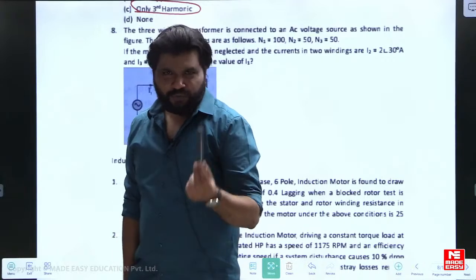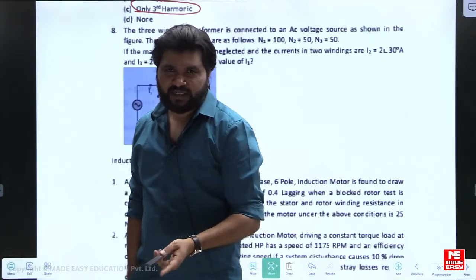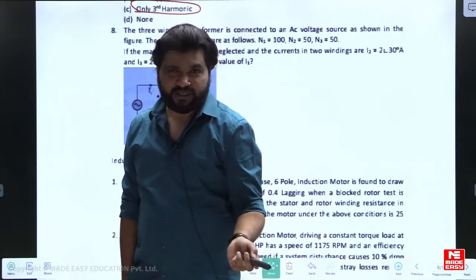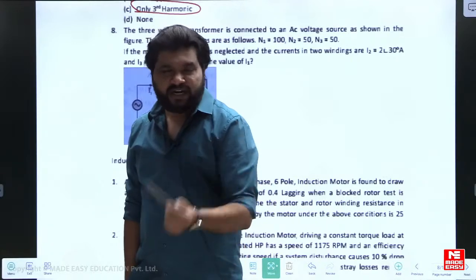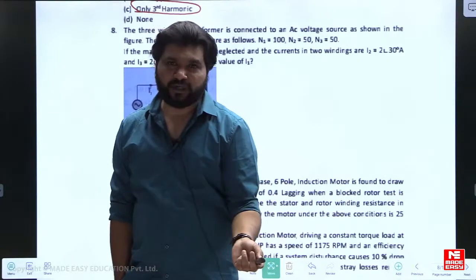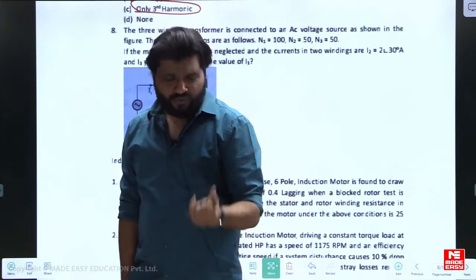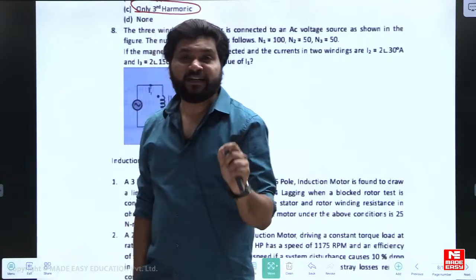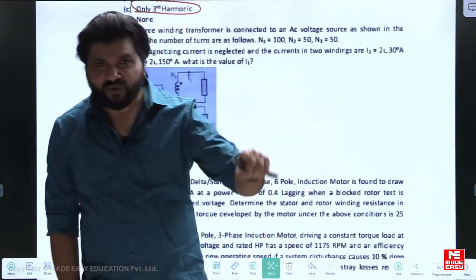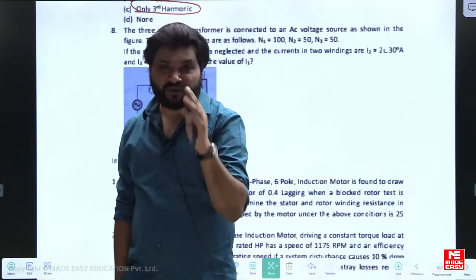If you put in a calculator 1 at an angle 0 plus 1 at an angle minus 120 plus 1 at an angle minus 240, it will be 0. Or for fifth, if you put 1 at an angle 0 plus 1 at an angle minus 240 plus 1 at an angle minus 120, then also 0 only. So fundamental, fifth and seventh, they all have a three-phase nature, the net value will add towards 0 in the delta. But third harmonic is not like that.